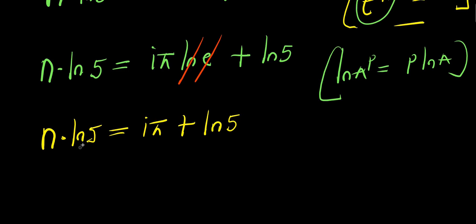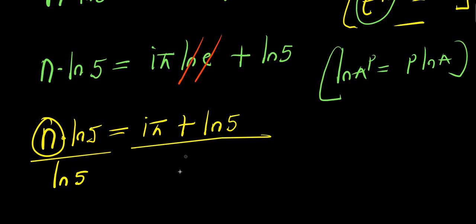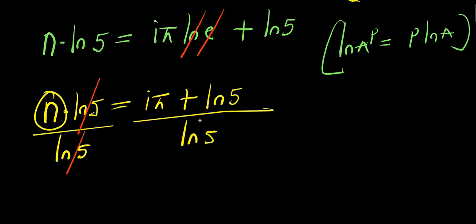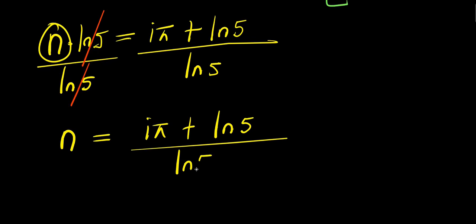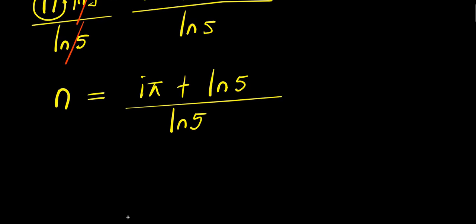So from here, what I'm going to do will be to solve for n by dividing this by natural log of 5 and dividing this by natural log of 5. So from here, this cancels this. I simply have n equals I times pi plus natural log of 5 divided by natural log of 5.